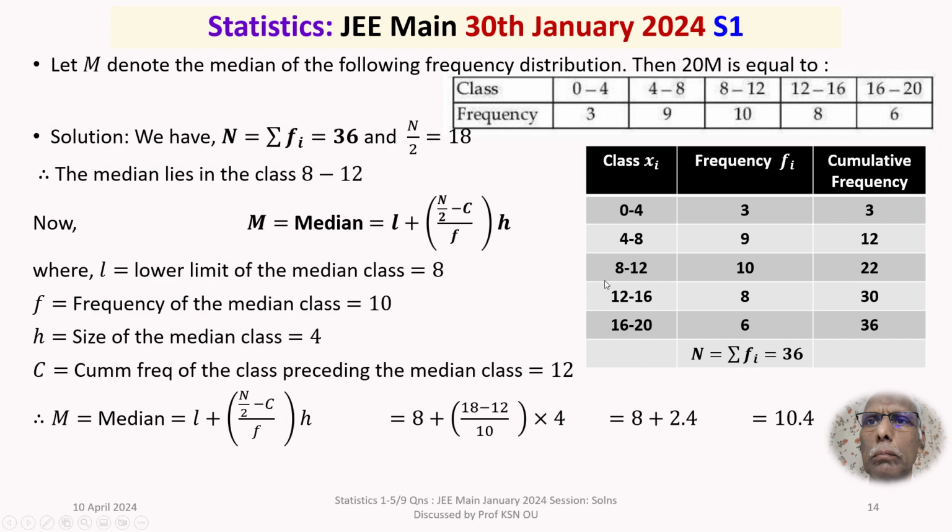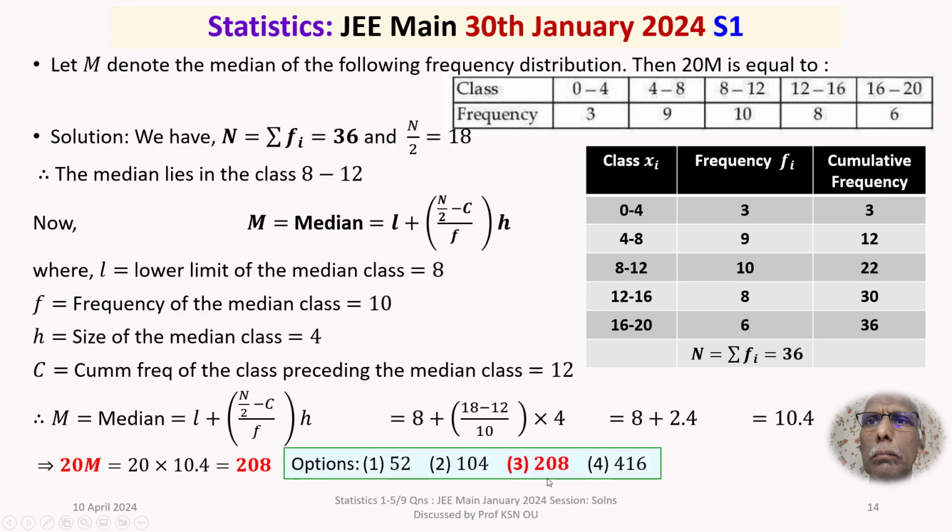What we want is 20m. Now 20m is equal to 20 times 10.4, that is 208. So let's look at our options. Our answer 208 appears against option 3. So the answer to this question is option 3.